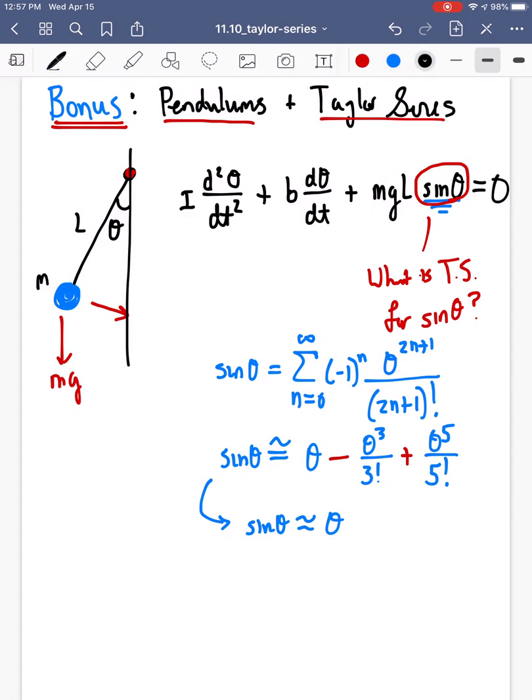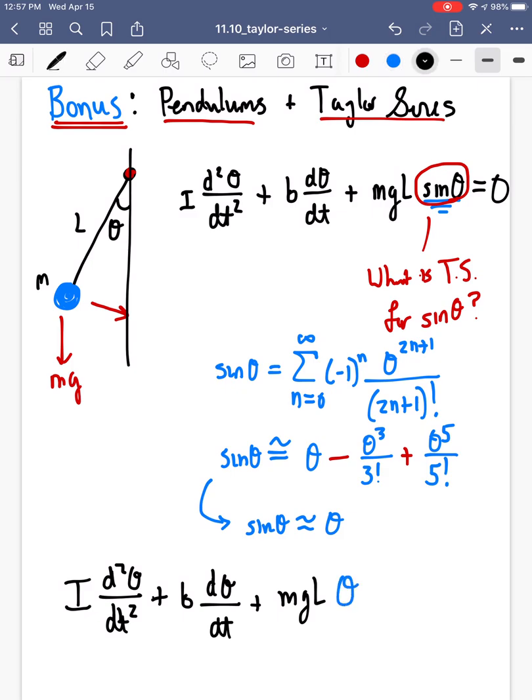So if we rewrote that differential equation up top, the way you may have seen this in those courses before was a second order equation, but instead of sine being on that last term, you just have a theta. And replacing that sine by just theta in the approximation through its Taylor series makes this equation actually solvable by pen and paper.